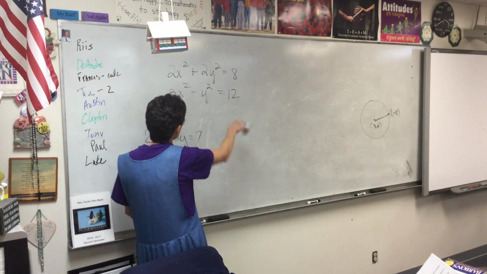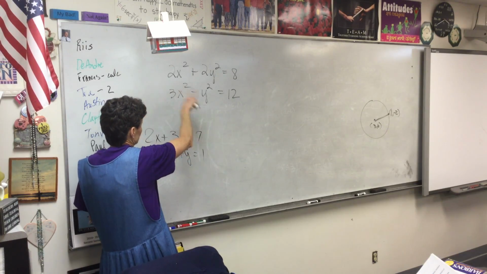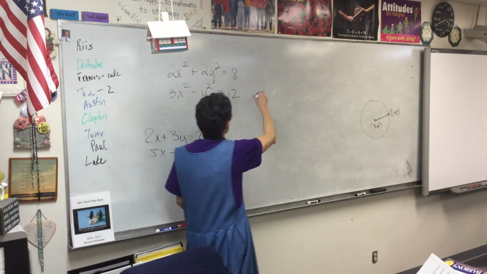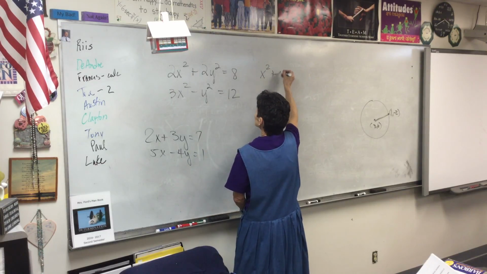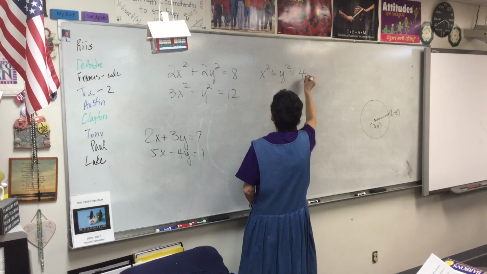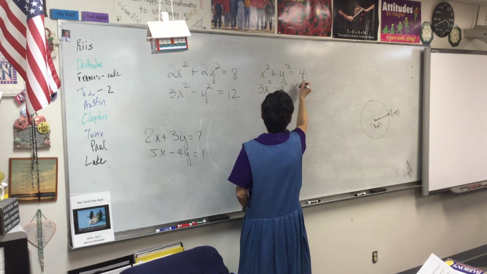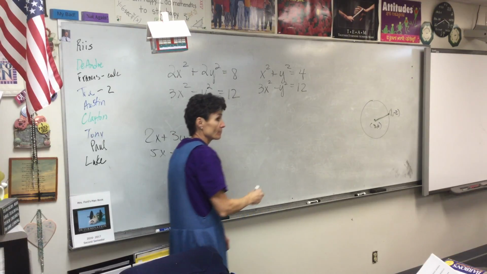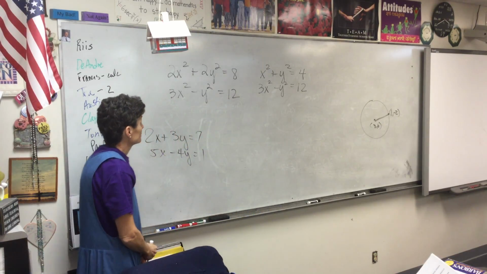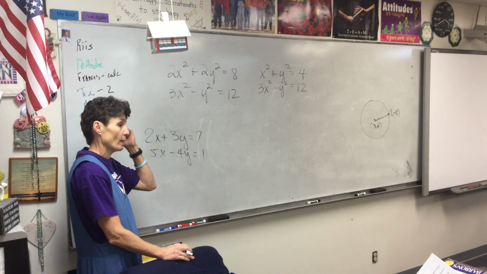So taking a look at this scenario, I could divide the top row by 2 and then add it to the bottom row. Do you see what I'm doing? Or I could multiply the bottom row by 2. It wouldn't make any difference either way.